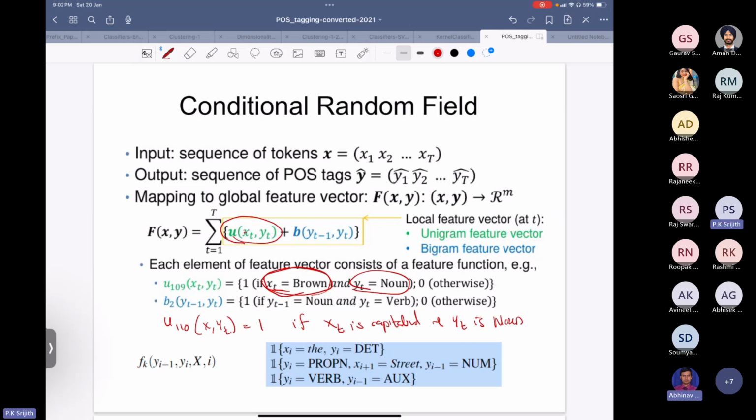So you can construct these kinds of features also in a conditional random field, and that allows it to generalize to unknown words or unseen words.